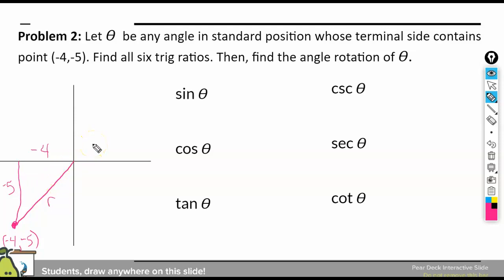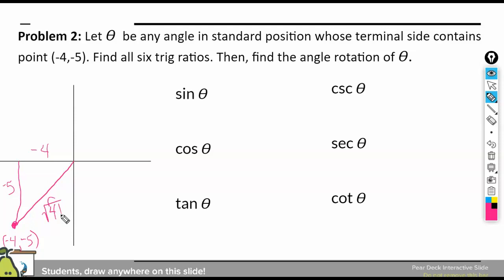when I do -5 squared and -4 squared, they both become positive. And so that ends up with a square root of 41. And it doesn't have a sign to worry about.